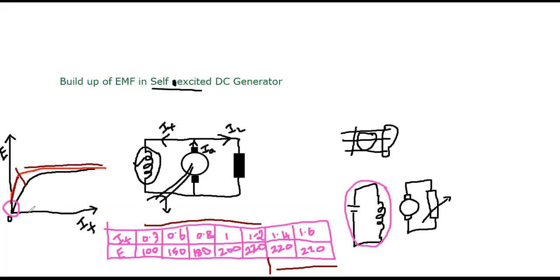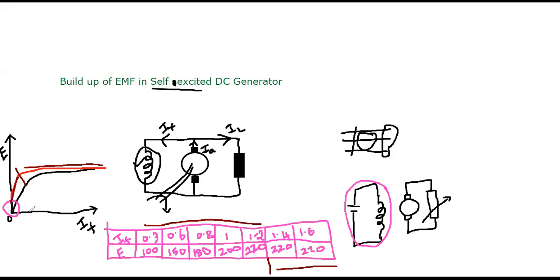So this is how an EMF is built up in a self-excited DC generator. The thing we want to remember is, even though there is no separately excited battery source for field excitation in a self-excited generator, the residual magnetism itself will develop a minimum magnetic field inside the generator.